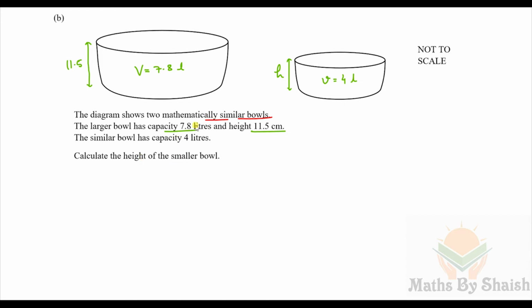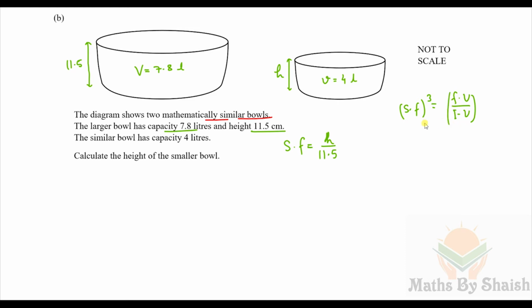So again, if we have length, then the ratio would be giving the scale factor. So scale factor, we'll write scale factor as final upon initial. This final means this smaller one, h upon the corresponding height. Here it is 11.5. Now we know that scale factor cube is volume factor, scale factor of volume. We can say it's like final volume upon initial volume.